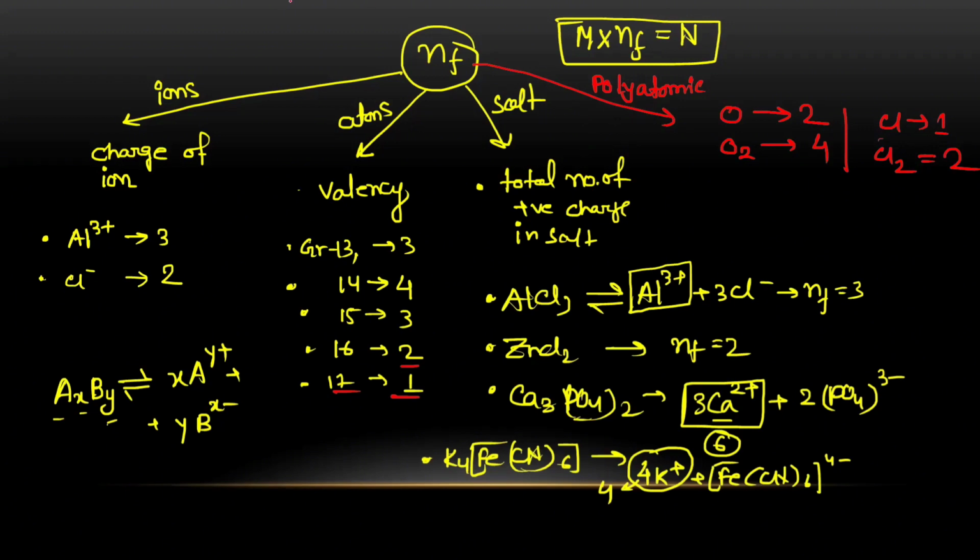Now, there are some other aspects to calculate n factor. For others, there are some other cases, and these are very important. So the last 3 cases of calculating n factor: first one is for acids, second one is for bases, third one is for redox systems.